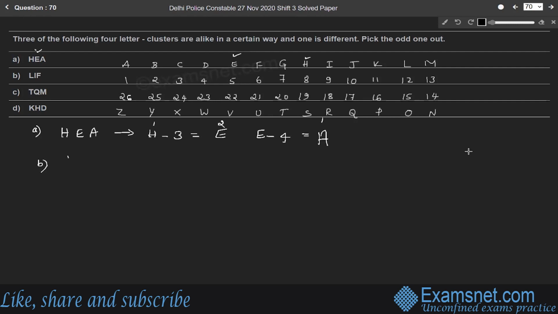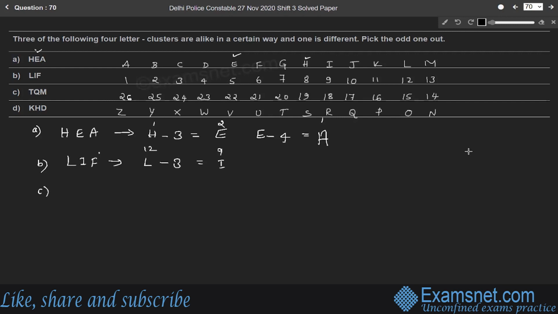Option B, L, I, F. Here the positional value of L is 12, minus 3. 12 minus 3 is equal to 9, which is the positional value of I, which is wrong here, right? Hence option B does not follow this rule.